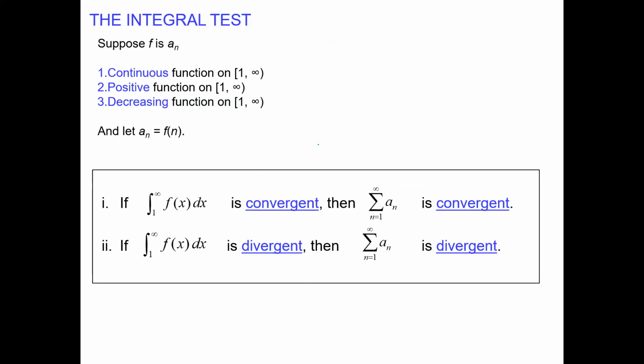The integral test. First of all, are we even allowed to use the integral test? Yes, but the function must satisfy these conditions. The function must be continuous from 1 to infinity, and positive. We remember we always drew it above the x-axis, so everything is positive. Continuity means no gaps, no holes, no jumps, no vertical asymptotes. And decreasing: the terms of the sequence that we are adding were getting smaller and smaller.